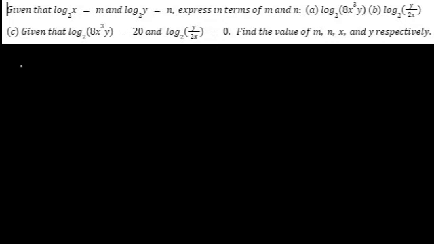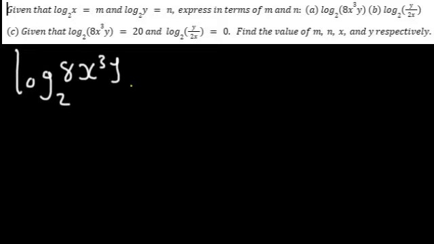So for the first option, we are to express in terms of m and n the log of x cubed multiplied by 8 multiplied by y, all to a base of 2. Now the first thing we want to do at this point is to simplify this log to the lowest term.